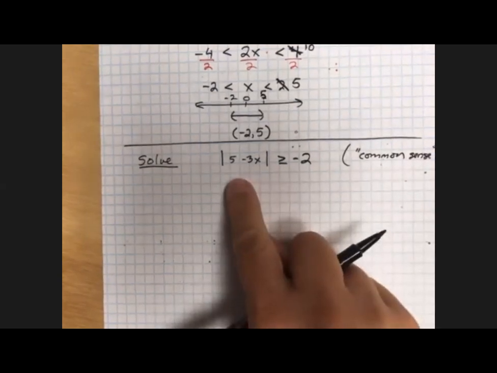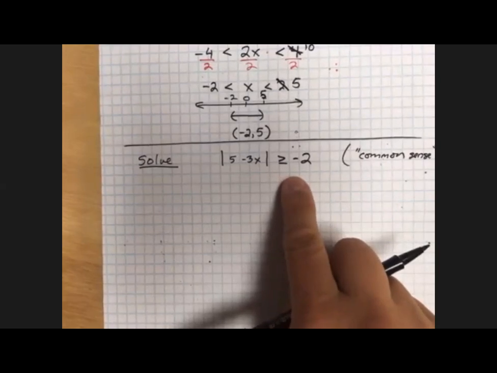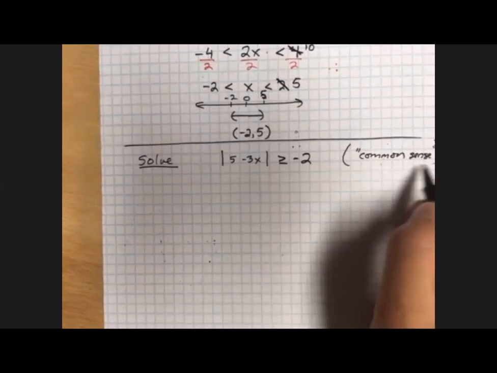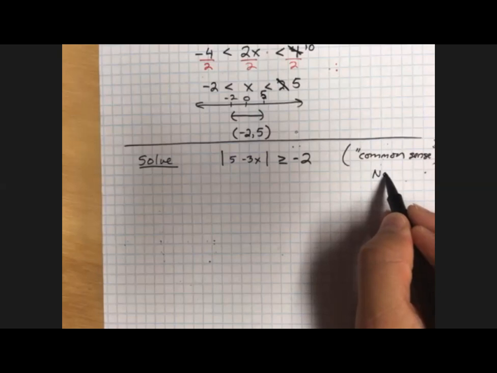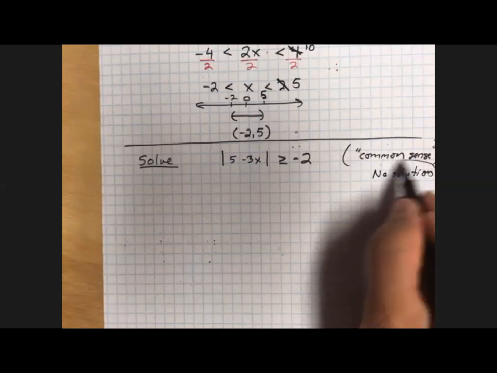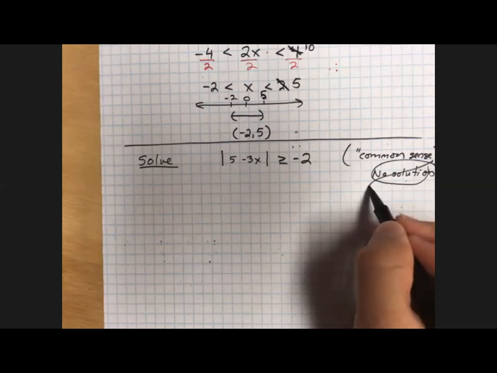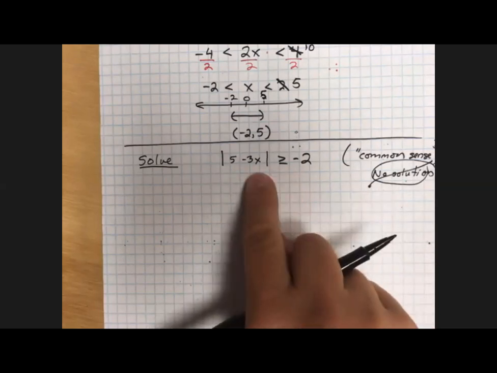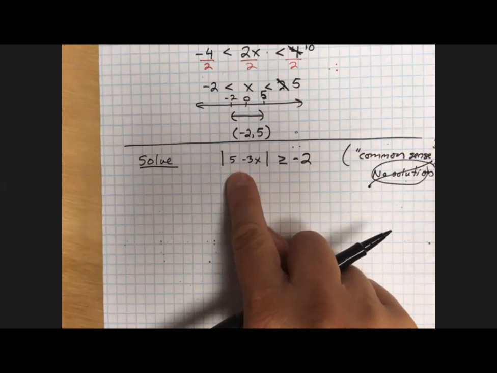And this is a little bit like I showed you earlier. And you say, oh, it's one of those no solution problems. Not exactly. But something bad is happening. The absolute value never produces negative numbers. It could produce a 0, and you've seen it.